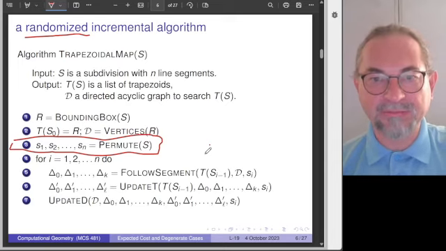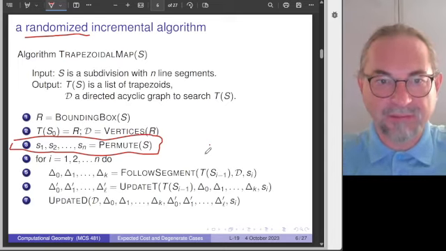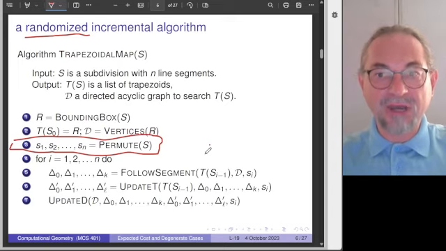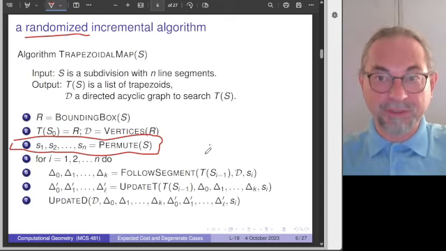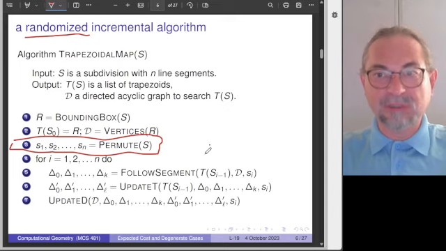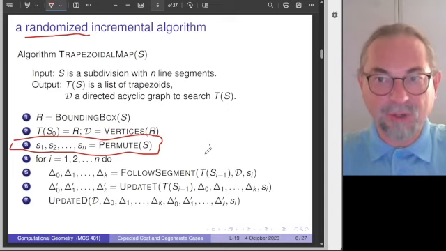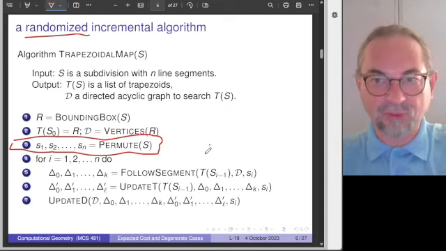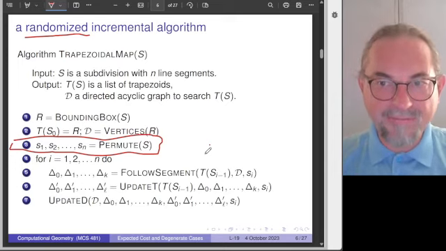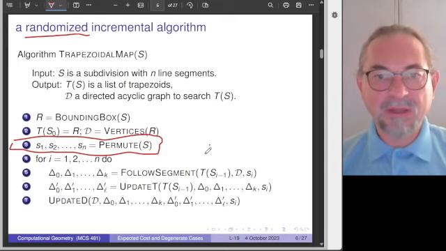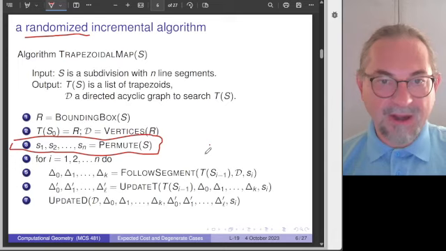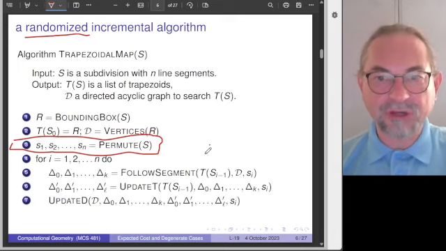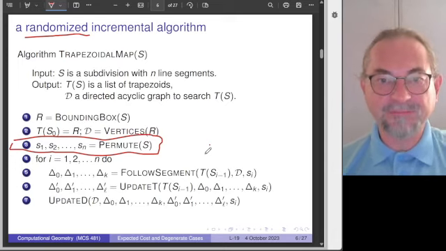So the algorithm starts with making first a bounding box, initializing the decomposition with that bounding box, the top and the bottom edge, and also the vertex points. We have our construction of the vertices in the directed acyclic graph. That's the D.